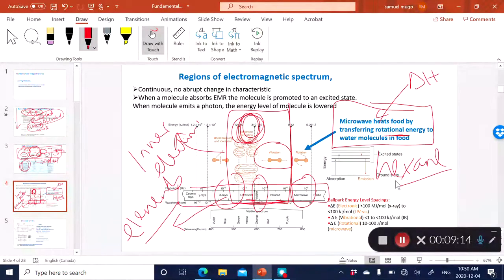The reason is that the bonds must have a dipole moment in order to respond to microwave. And so often the bonds have to be polar in some way for you to use microwave for heating. But again, the key thing is that you are rotating the bonding electrons.